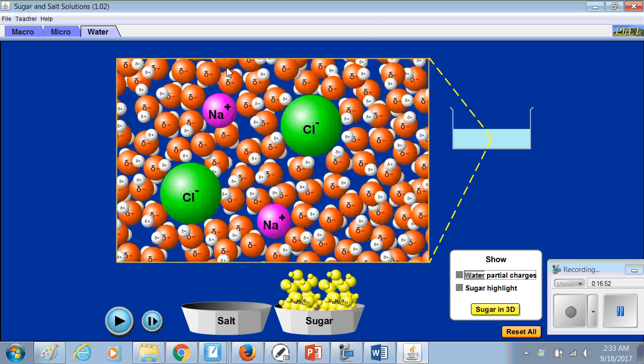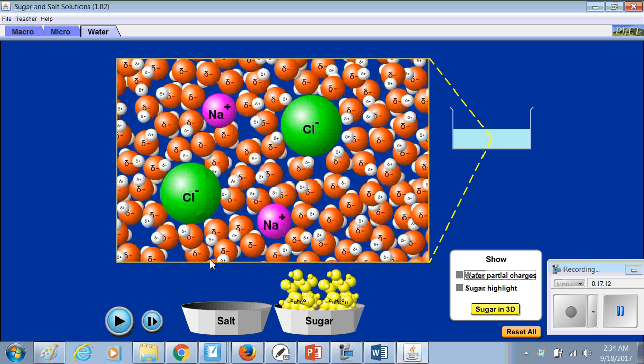So this picture is showing you dissociation on a molecular level, and it's showing you specifically how water is orienting itself around those positive ions versus negative ions. Okay, so this is a great picture of dissociation.